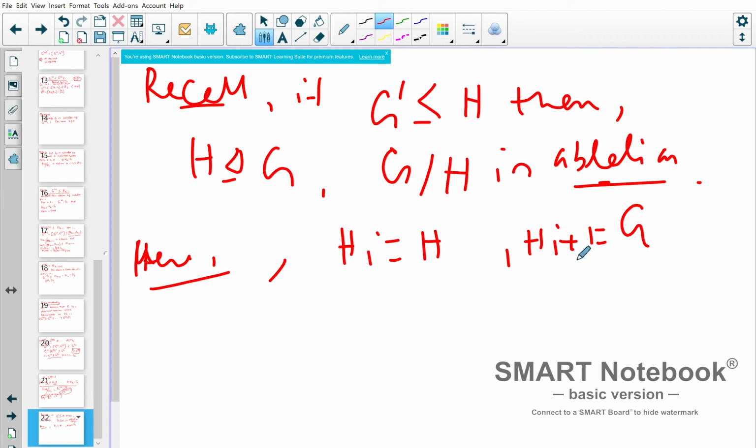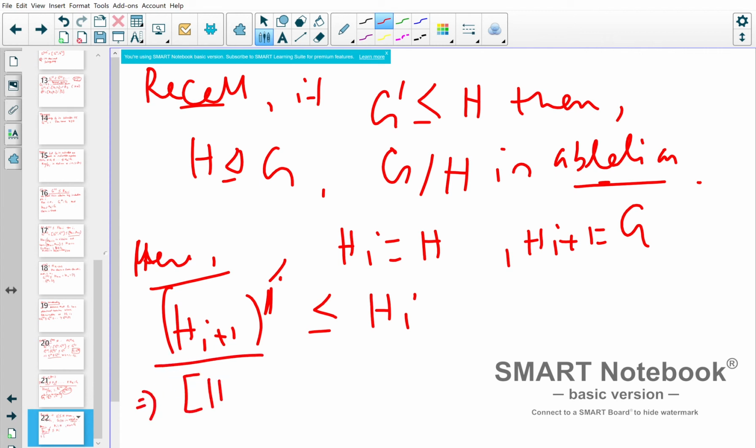To show this, I need to show that the derived subgroup of this Hi plus 1 is inside Hi. But this is obvious, right? What is the derived subgroup of Hi plus 1? This is nothing but Hi plus 1 comma Hi plus 1, right?